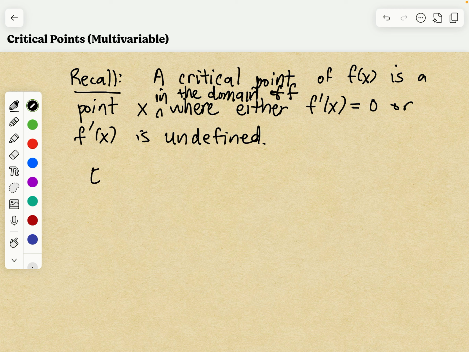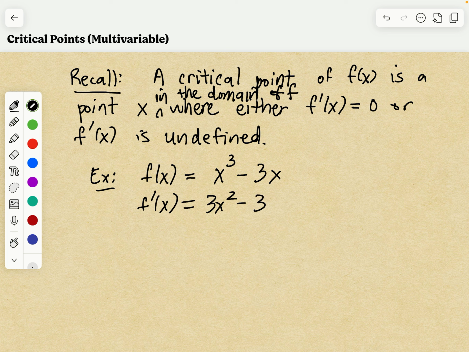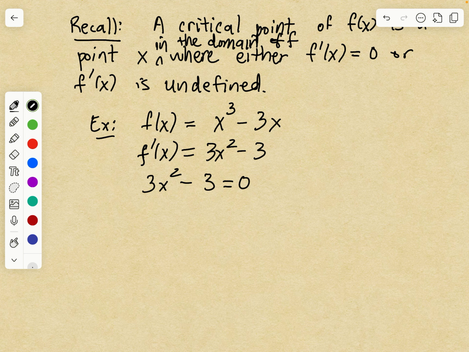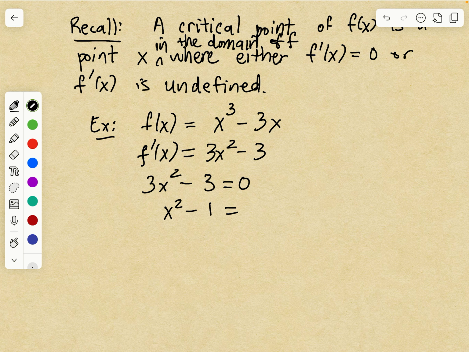So for instance, if you have something like f of x equals x cubed minus 3x, then f prime of x is 3x squared minus 3. And if you set that equal to 0, you can divide both sides by 3 and you get x squared minus 1 is 0.